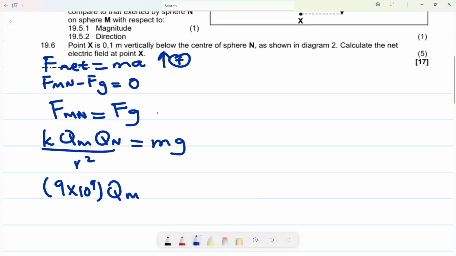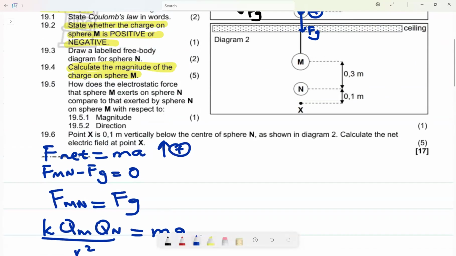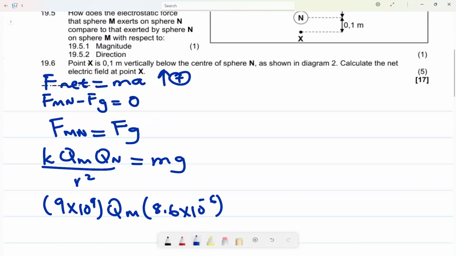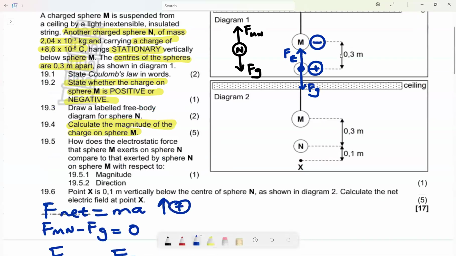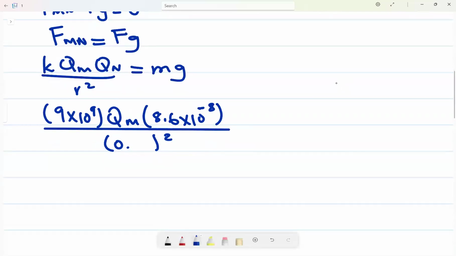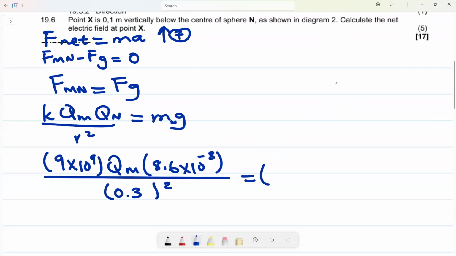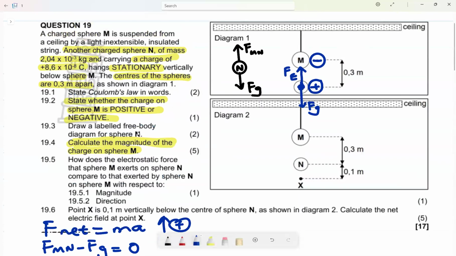The charge of N, they told me, is positive 8.6 times 10 to the power of negative 8, not 6 rather. Divide by the distance squared. I should confirm it is in meters. Yes, 0.3 meters, so 0.3 meters squared. It is equal to the mass of N. The mass of N was given to me as 2.04.